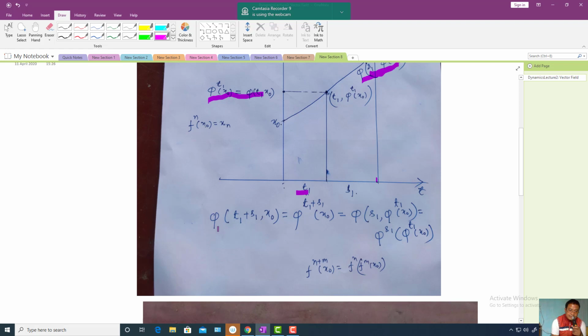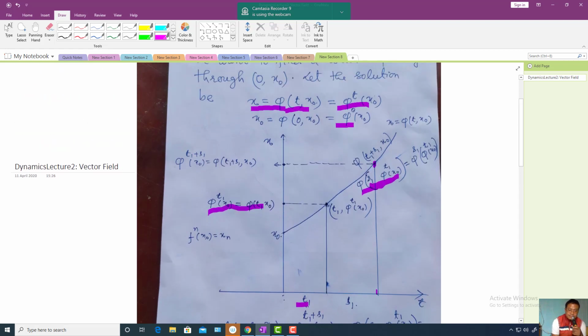Taking this as the initial point, after t1 plus s1 units of time, this is the point. By notation, this is equal to this one. And what is this? This says that taking this as the initial point, after s1 units, you will be at this point. This point is exactly equal to that point.